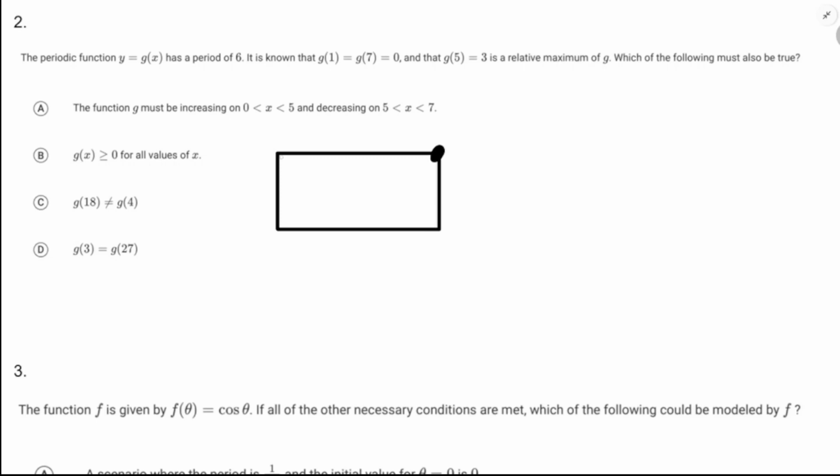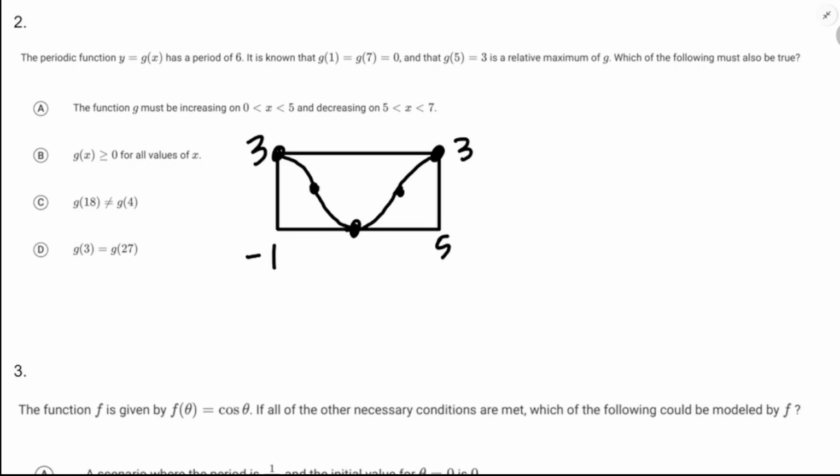And I'm going to put that one right there. And I'm going to just draw this standard picture and see what happens. So g of 5 was equal to 3. And that would mean that g of negative 1 was also equal to 3 if the period was 6.